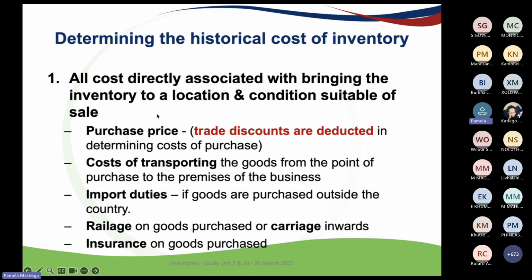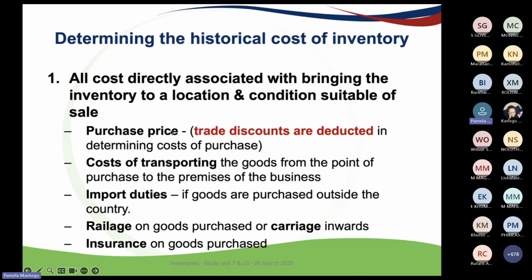And if he gives you a discount, then it's going to be net of discounts. Then you're going to pay any transport costs that you incurred to get those batteries to South Africa, import duties, and railage, which is just another word for transport costs, as well as carriage and insurance. So what we mean by historical cost is the original purchase price together with any additional cost that you incurred to bring that inventory to the location and condition suitable for sale.